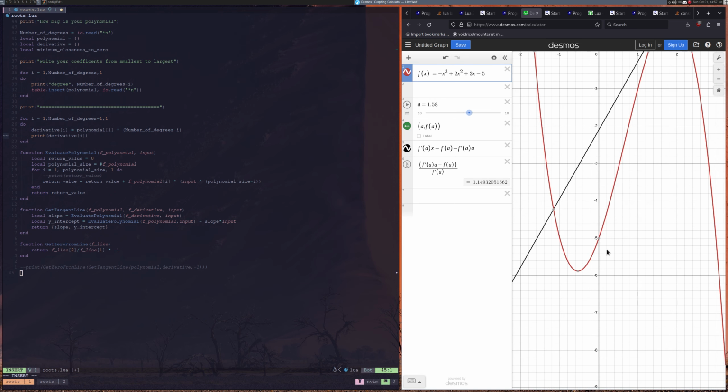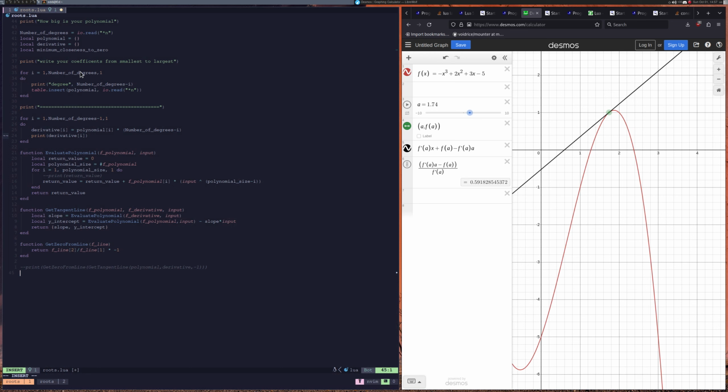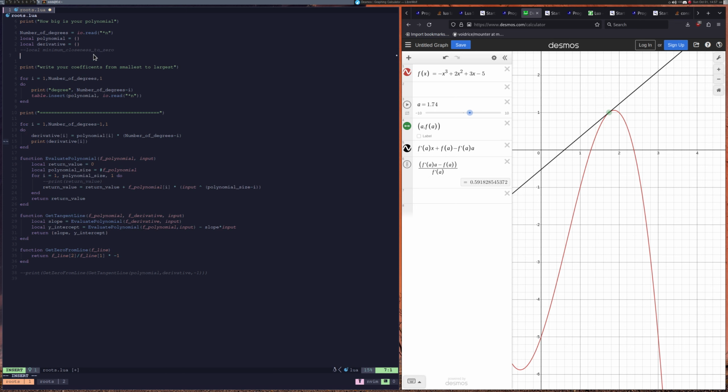Not most likely, but they might. So how about instead of closeness to 0, we have a variable that's max iterations.